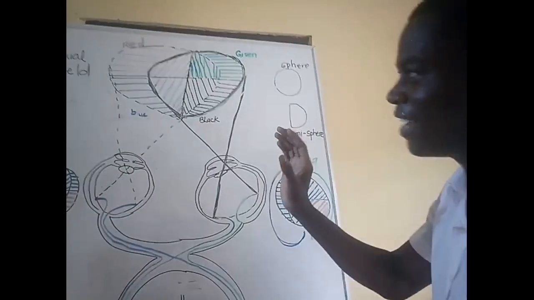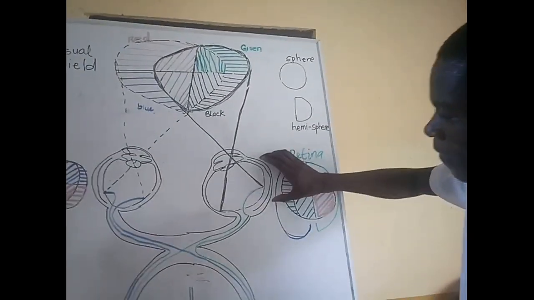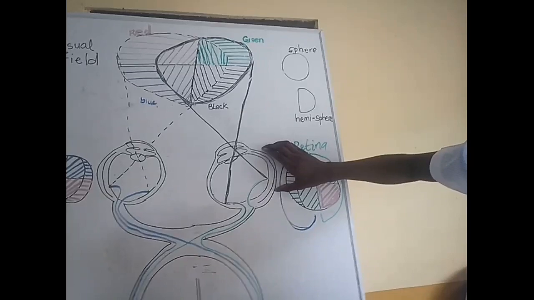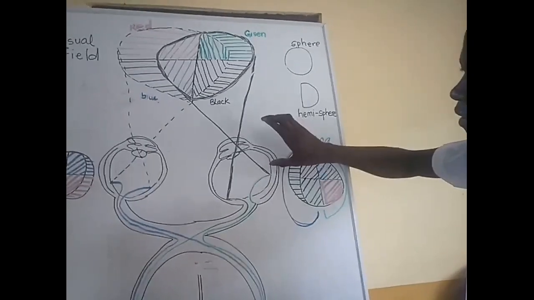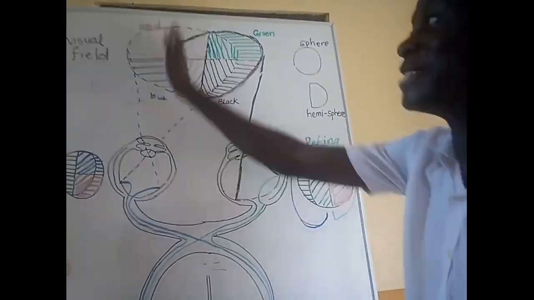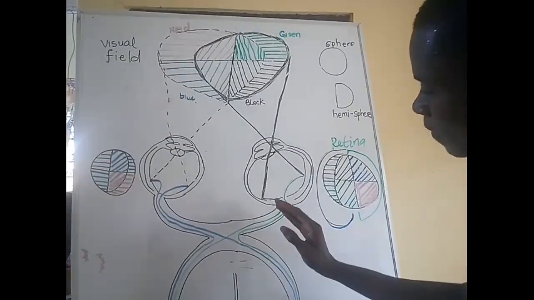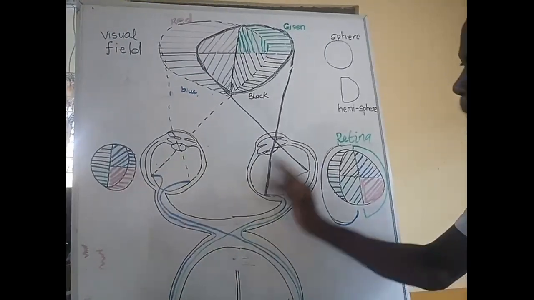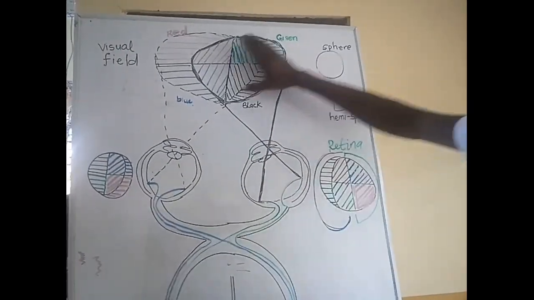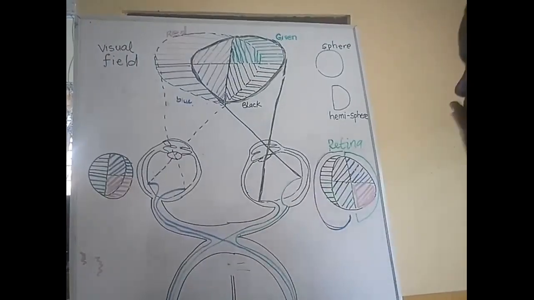So look at the difference here. Temporal part of retina of right eyeball picks a hemifield that is medial. Nasal part of the retina of the right eyeball picks hemifield that is lateral. Good.